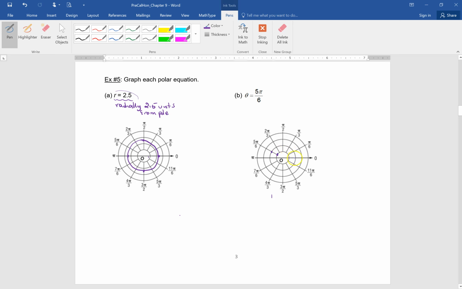If my radius was 2 and I went up 5π/6, I'd be right there. If my radius was 3 and I went up 5π/6, I'd be right there. Well, if my radius was -1 and I went 5π/6, but -1, I'd be right there. What is that looking like? Straight line. That is a straight line through the angle 5π/6.